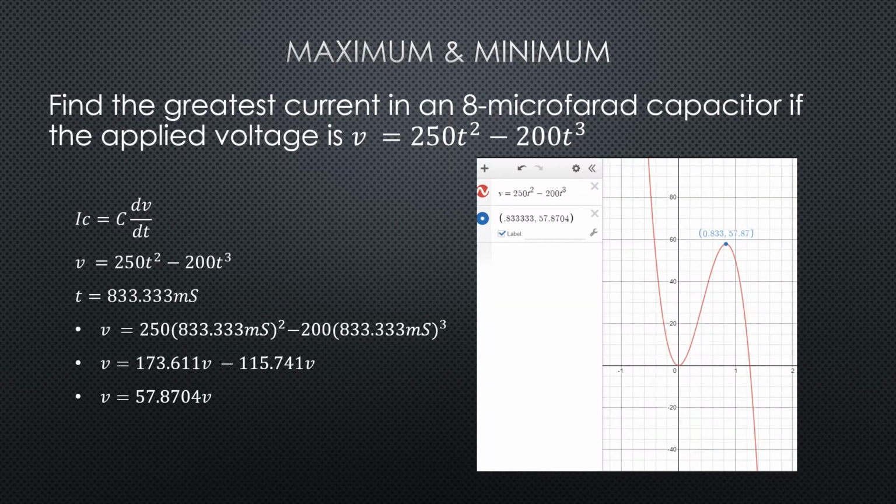So now with the T, we can put the T back into the original formula and solve for what the maximum voltage is going to be on the capacitor at that time.